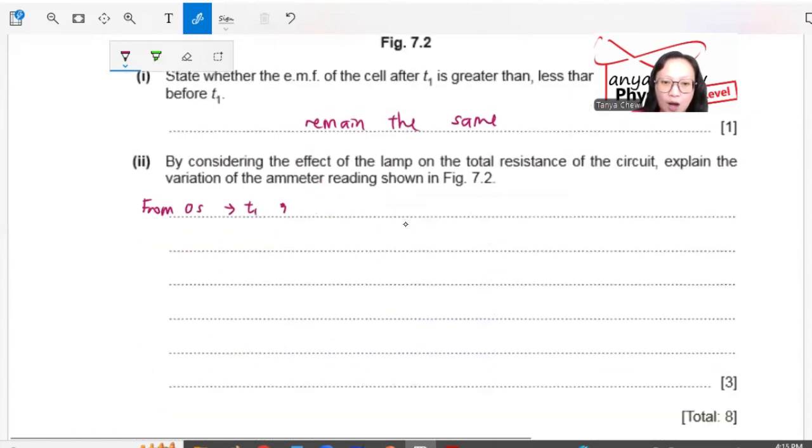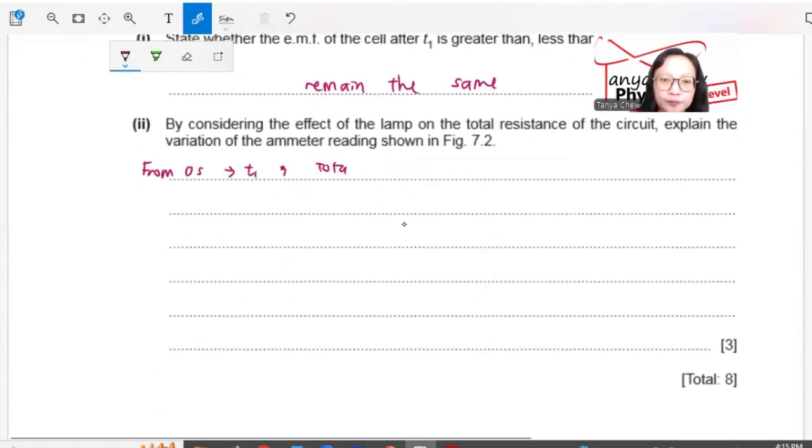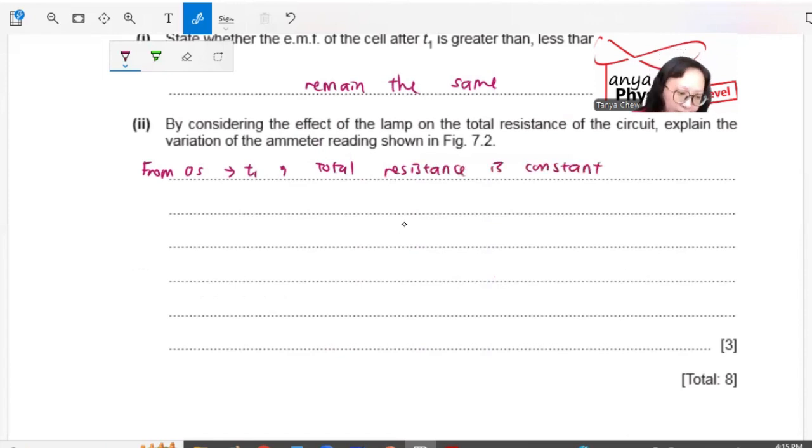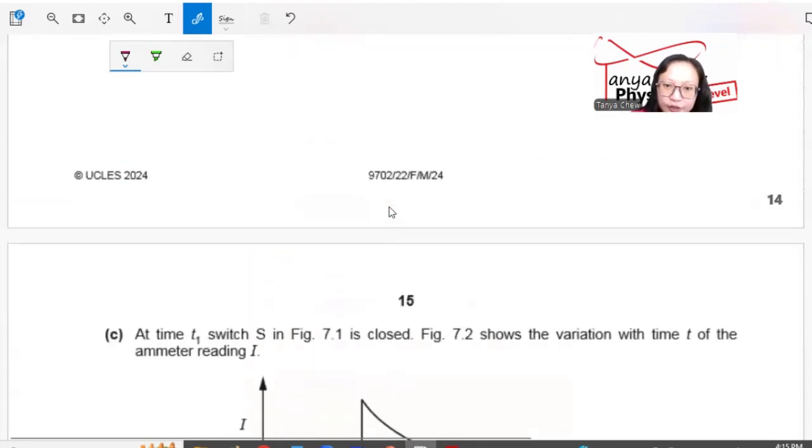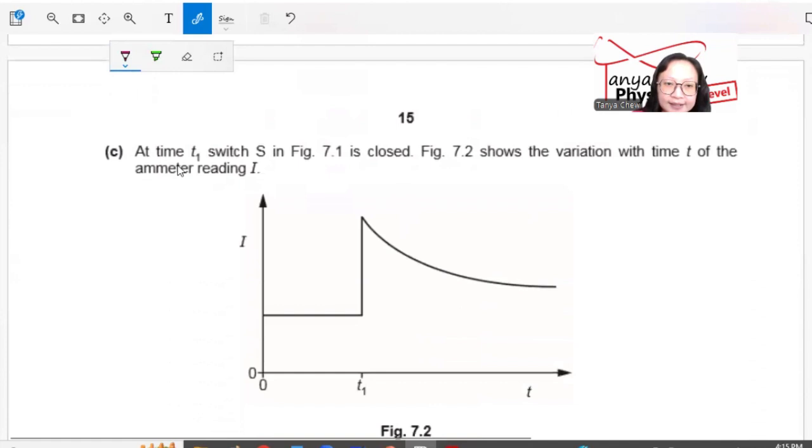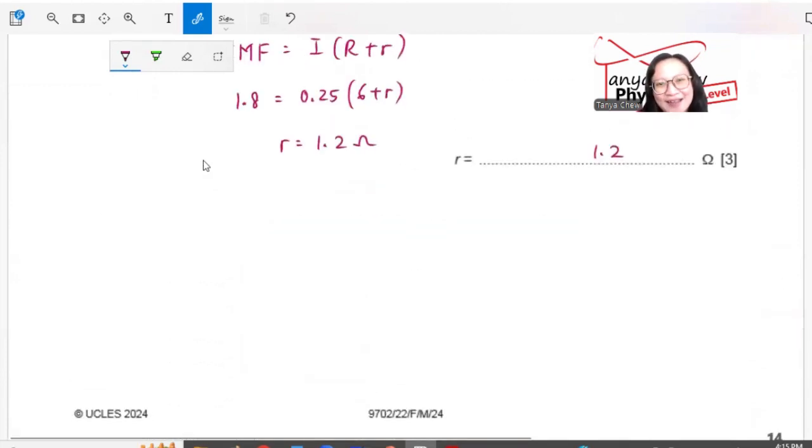So that is why total resistance is constant. But at T1, current increases. Do you know why? Because at time T1, switch S is closed.